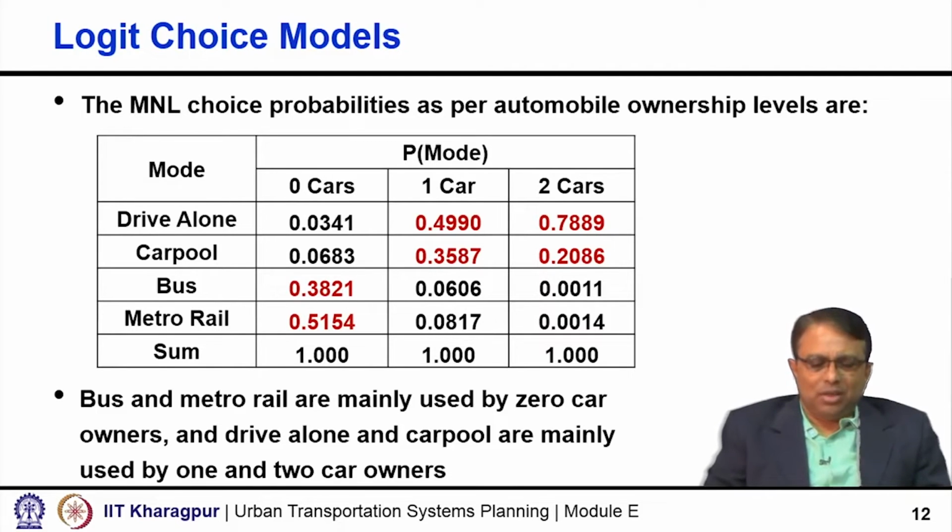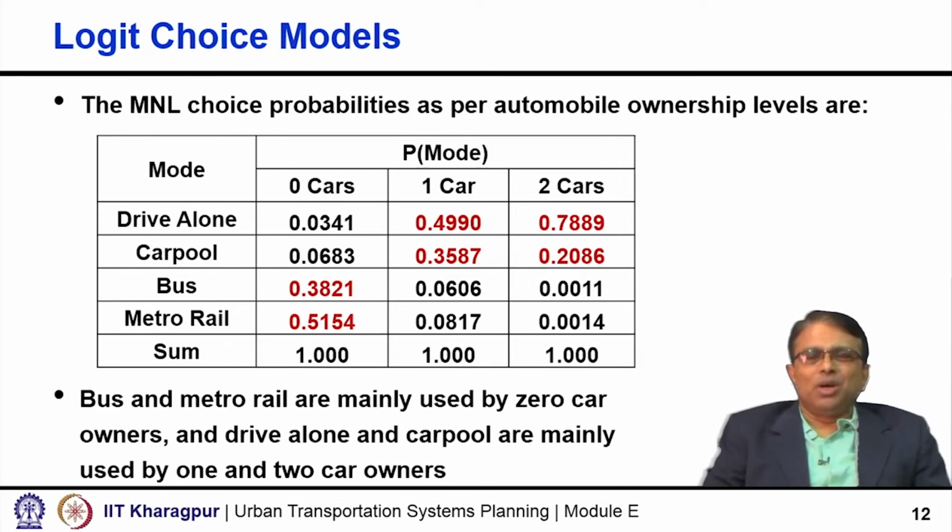So, the probability values are calculated. Naturally, what you find here, when it is 2 car, there is a very high probability that people are going to use drive alone, almost 0.7889. So, almost near 0.8, 80% of the people will use car.